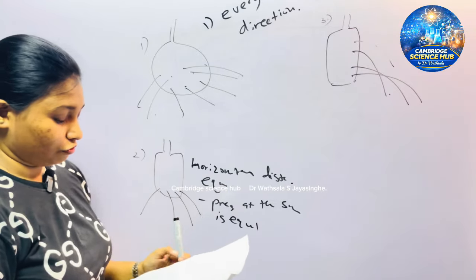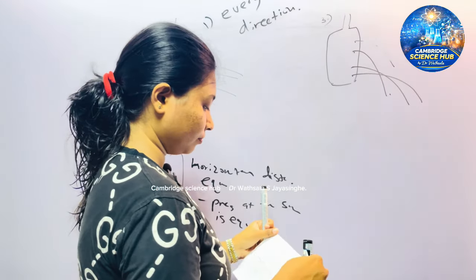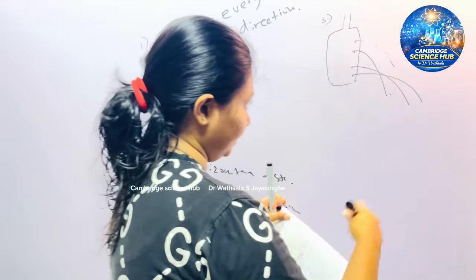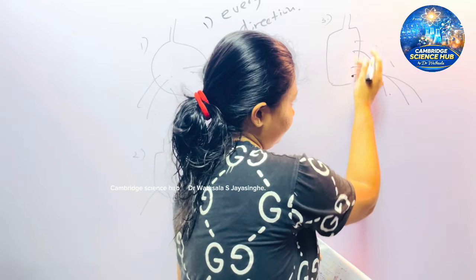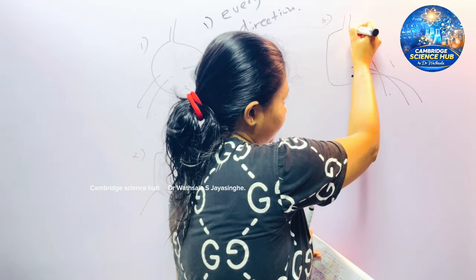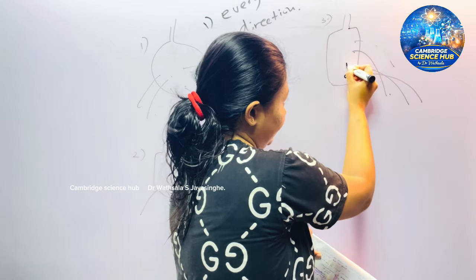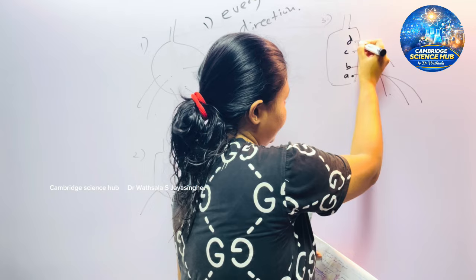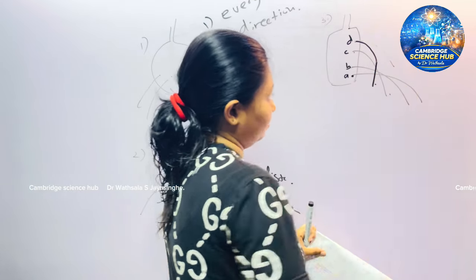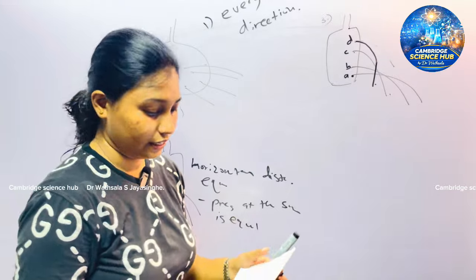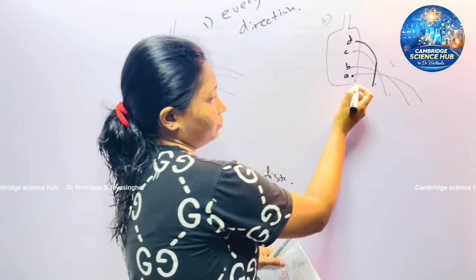Now from the third practical, here you can get an idea. When the distance is more, we have to measure from above. I'll mark the holes as A, B, C and D. Now look at the speed of the streams of water.